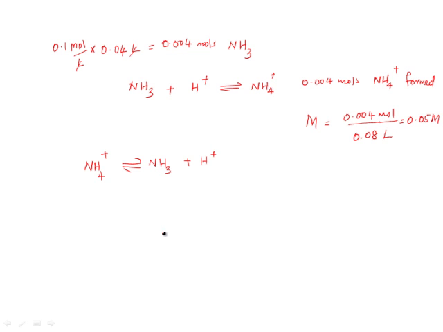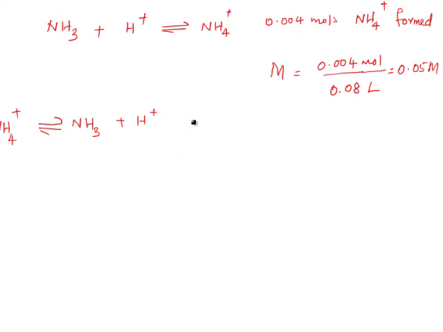We also don't know the concentrations of these things, but we need the Ka value for this. Do we have the Ka value? In a previous problem, I think we calculated the Ka for NH4+. What was the Ka for this reaction?